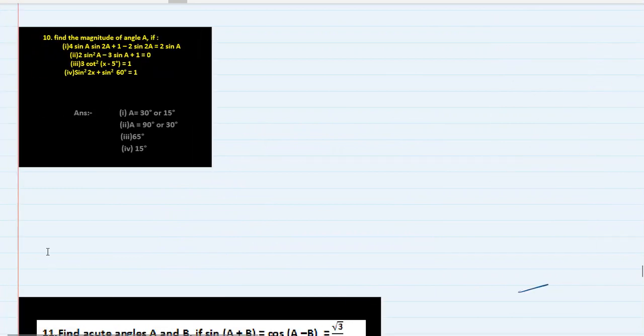Let's try the next question. Sub question 2. 2 sine square a minus 3 sine a plus 1 is equal to 0.